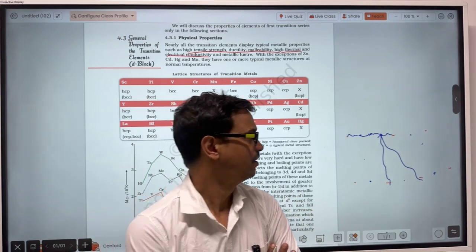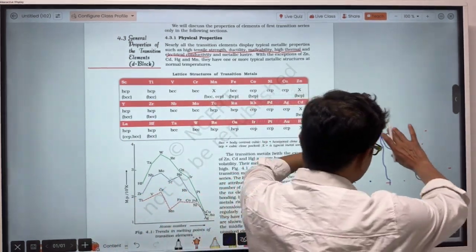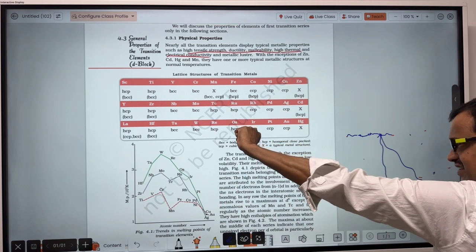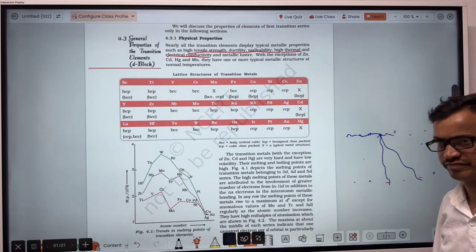So what happens here? When hammering is done, or when a mechanical force is applied like this, these particles will replace the other particles and acquire new space, but the bonding will not dissociate.